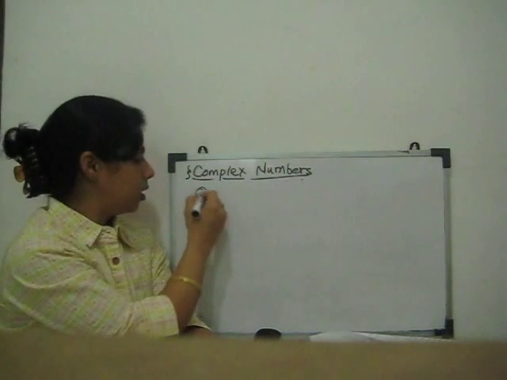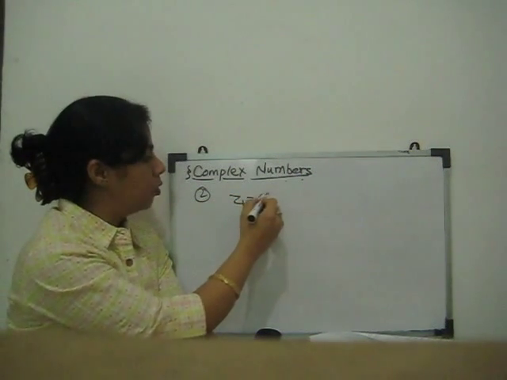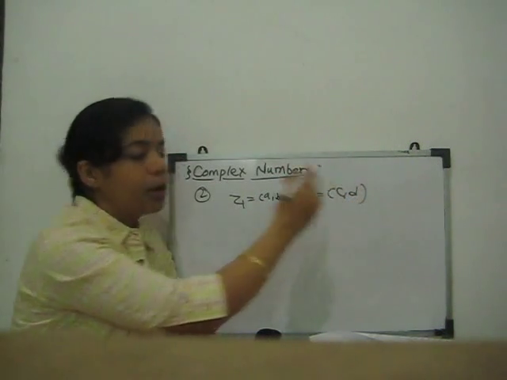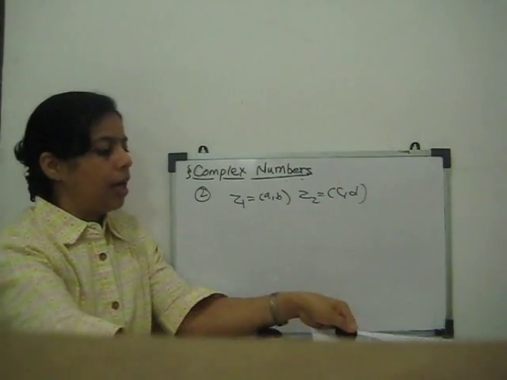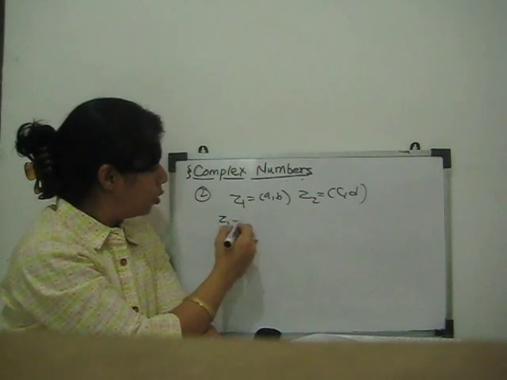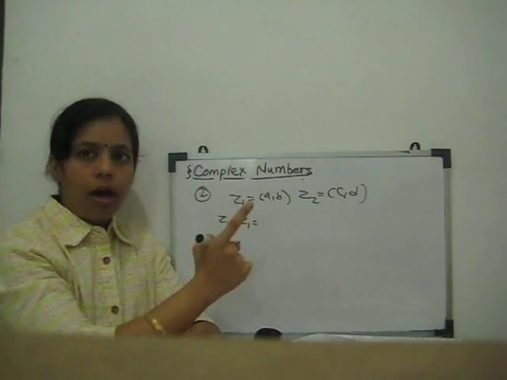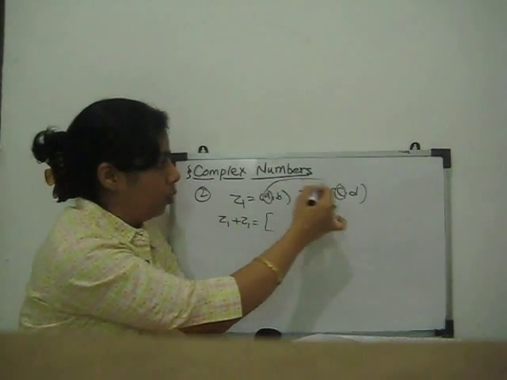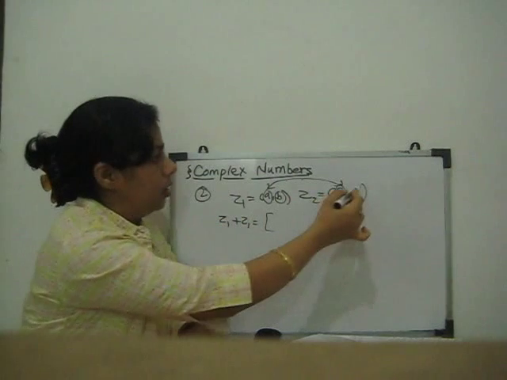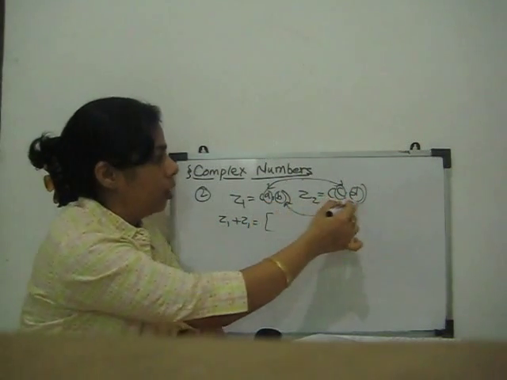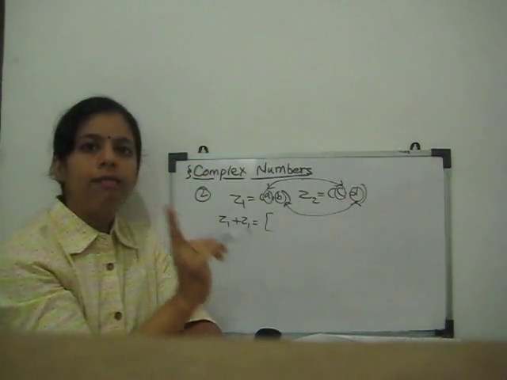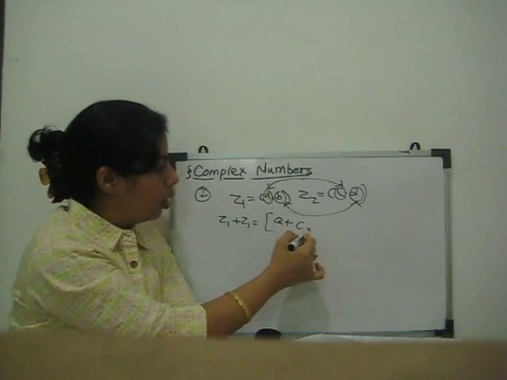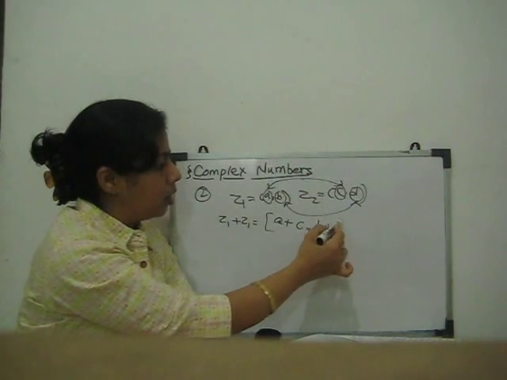So second one: if z1 equal to a comma b and z2 equal to c comma d are two complex numbers, then the addition of these two numbers is the addition of the real parts of both numbers plus the addition of the imaginary parts of both numbers. So z1 plus z2 is given by a plus c comma b plus d.